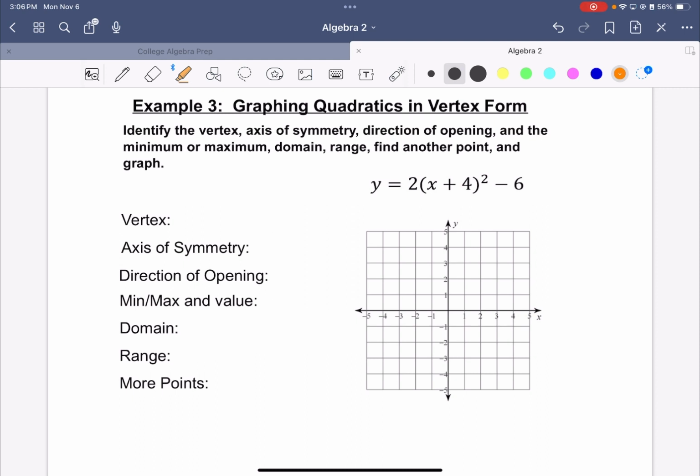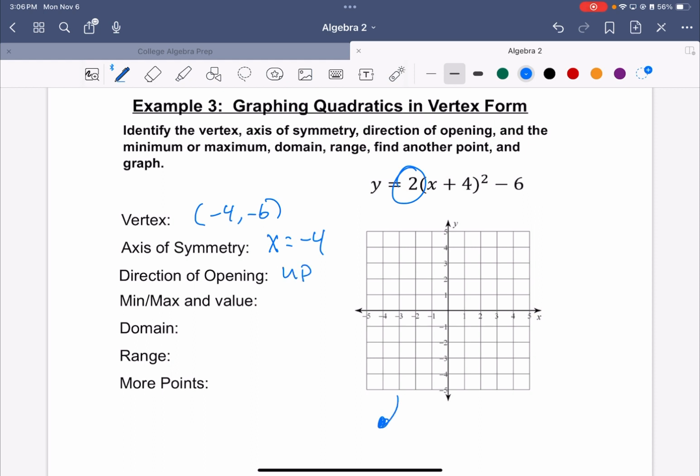Vertex. Negative 4 comma negative 6. Wow, that's really close to my graph. It's down there. Axis of symmetry. X is equal to negative 4. Up or down? Is this positive or negative? It's up. So it's going to be up.